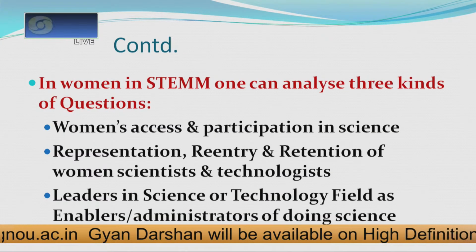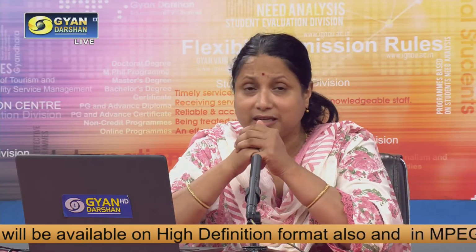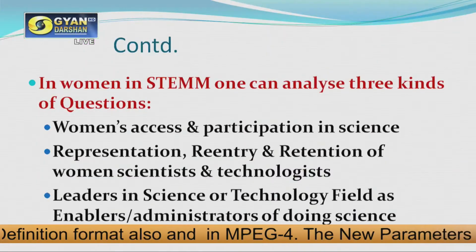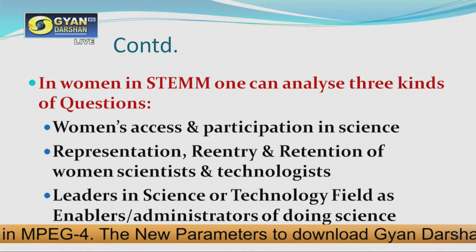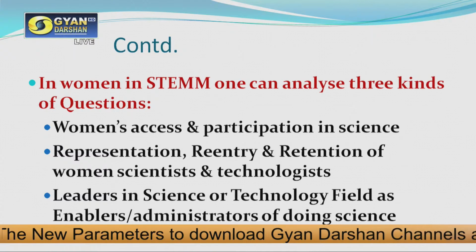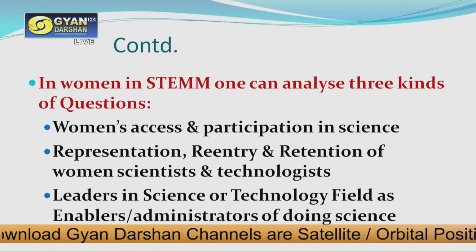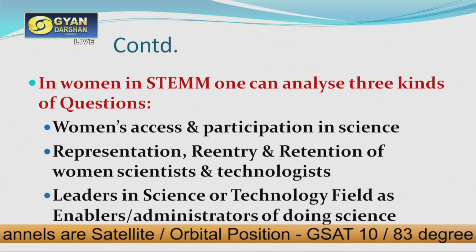So when we are talking about the gender gap, let's reflect on some of the data on women in STEM. What are the three issues that the course focuses on? Women's access and participation in science; representation, re-entry and retention of women scientists and technologists; and leaders in the science and technology field as enablers and administrators of doing science.